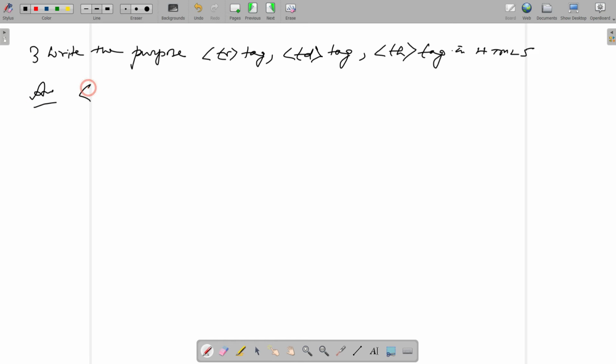So first of all, I am writing the tr tag. What is the tr tag? You will write: the table row tag defines a horizontal row of cells.